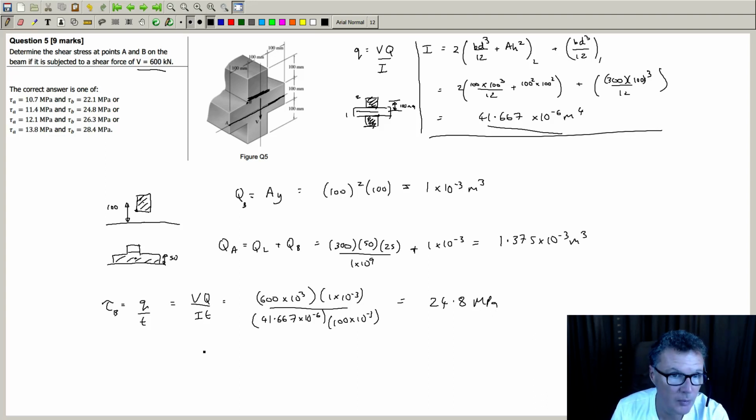And then for the other one, where your V doesn't change, so that's 600 still. Here, the section that's trying to be pulled apart is going all across this section here, so it's now wider. So that's going to be different. The I will be the same.